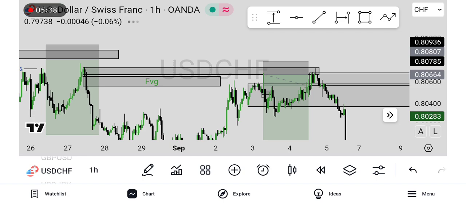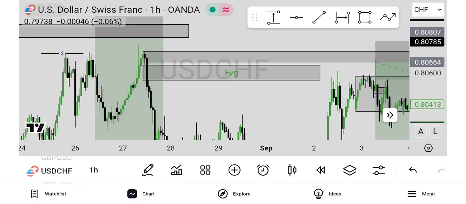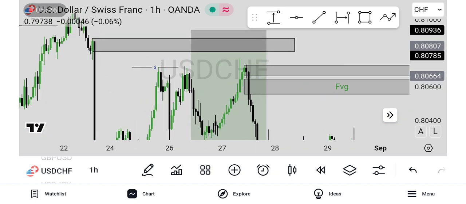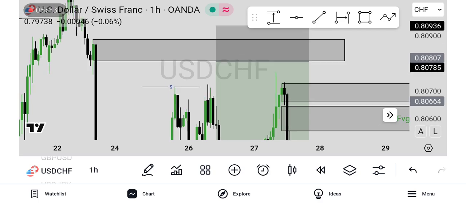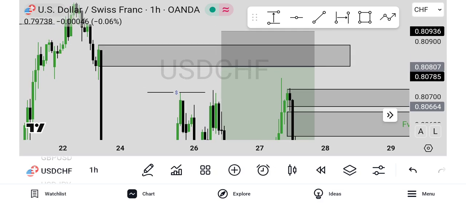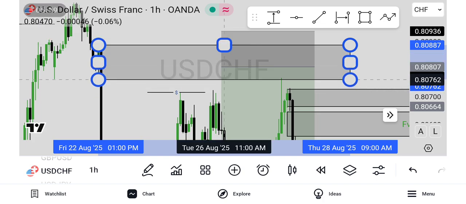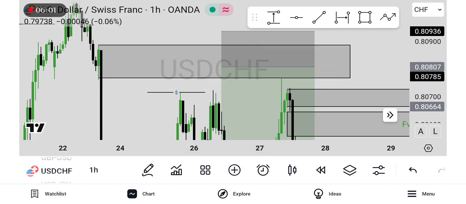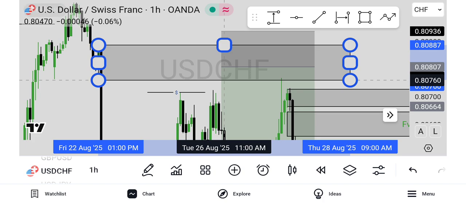Now you can see it clearly now that it was a supply block, and this one too, it was a supply block. But in this case, the mistake I made was that I didn't cover the whole of the candle.